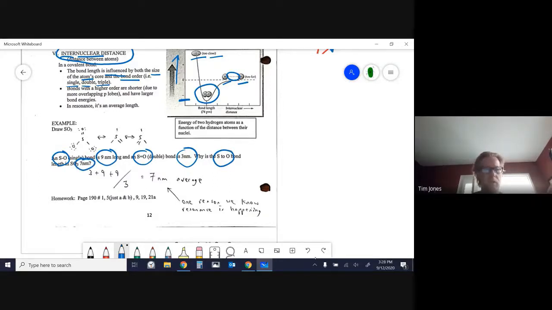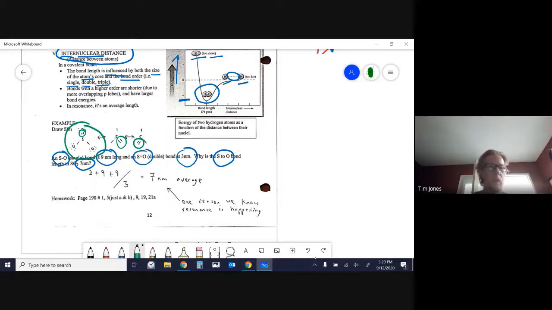Well, what you have to factor in is the resonance. This double bond is resonating, and it's being shared among all 3 of the oxygen atoms and the sulfur in the middle. And so you just take an average. So based on my drawings here, if I just stop the molecule for a moment, so just pick a single version, I'll pick this one on the left.